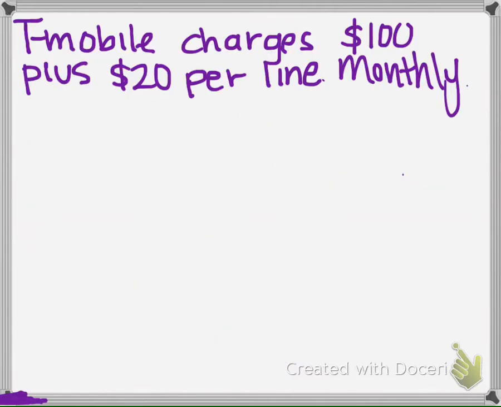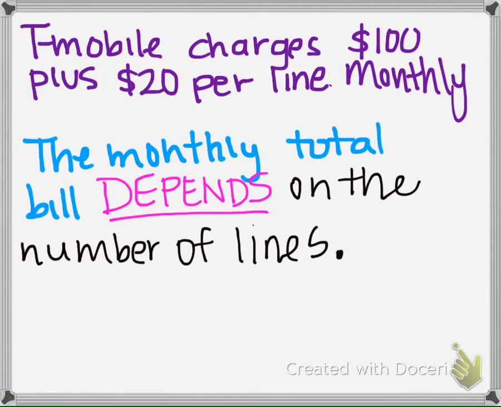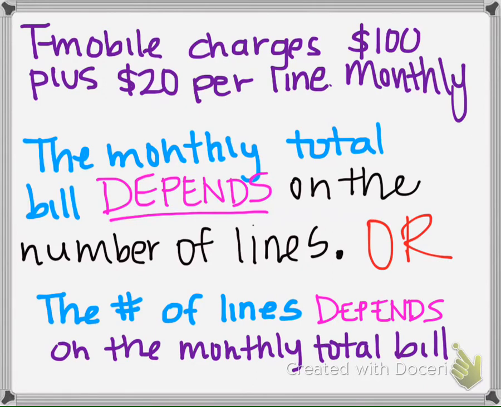Okay, so if we take a look at another example, it says T-Mobile charges $100 plus $20 per phone line monthly. Let's go ahead and think about what the independent and what the dependent variable is. If I write my statement here, the monthly total bill depends on the number of lines. Or if we switch it around, does the number of lines depend on the monthly total bill?